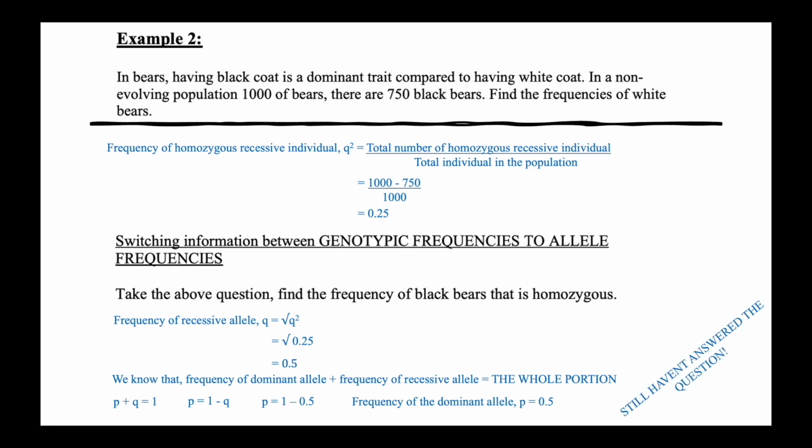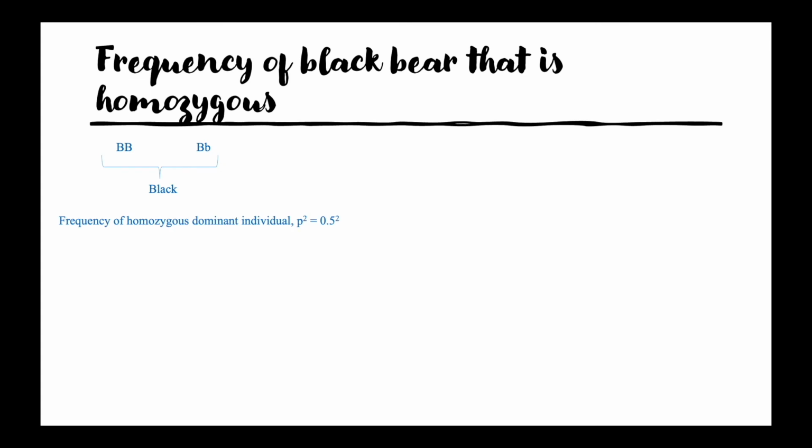We still have not answered the question yet, because the question is asking us to find the frequency of black bears that are homozygous. This means that the question is asking us to find p square. So the frequency of homozygous dominant individuals, p square, is equal to 0.5 square, giving you the value of 0.25.